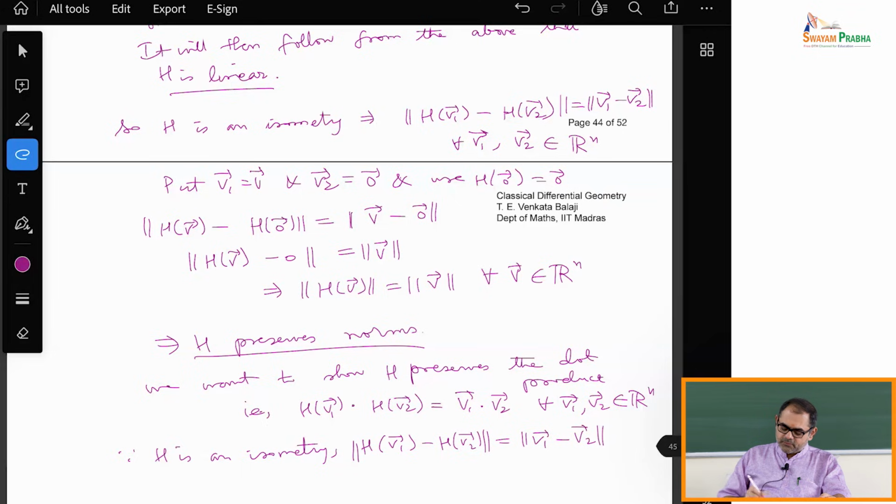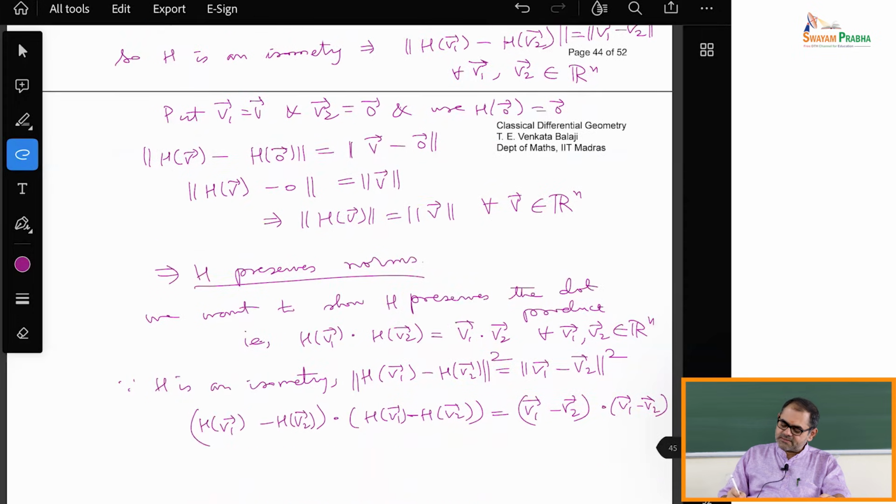Okay. Now I can square this and then bring in the dot product. So that I will get HV1 minus HV2 dot with itself is equal to V1 minus V2 dot V1 minus V2. Okay.